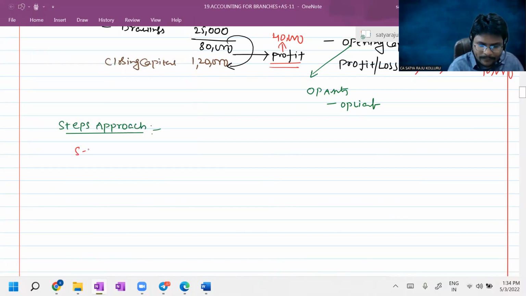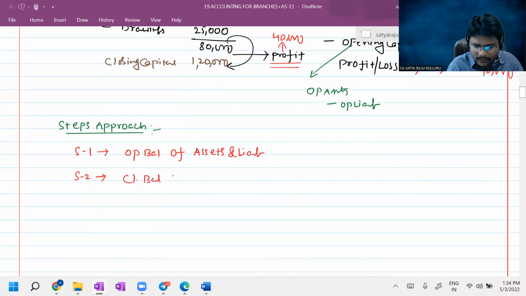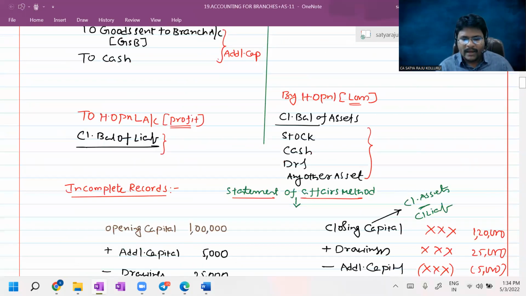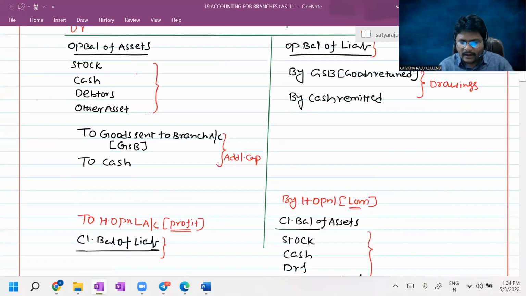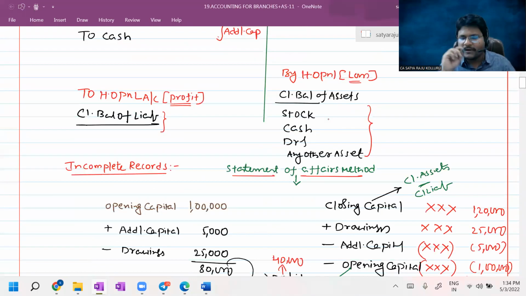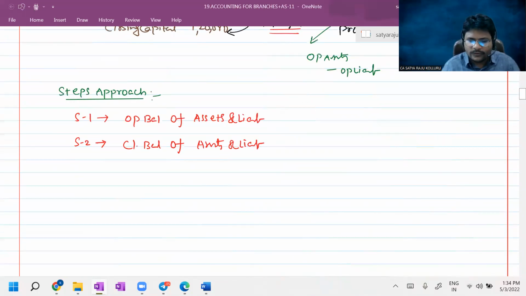Step number 1, opening balance of assets and liabilities. Step number 2, closing balance of assets and liabilities. So with that, you reported the opening balance of assets and liabilities, and the closing balance of assets and liabilities also, in the branch account, which are 2 steps.